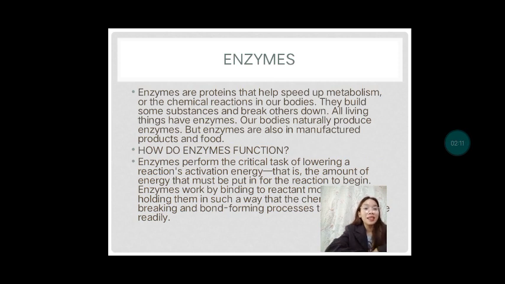Enzymes are proteins that help speed up metabolism, or the chemical reactions in our body. So they build some substances and break others down. All living things have enzymes. Our body naturally produces enzymes, but enzymes are also in manufactured products and food.